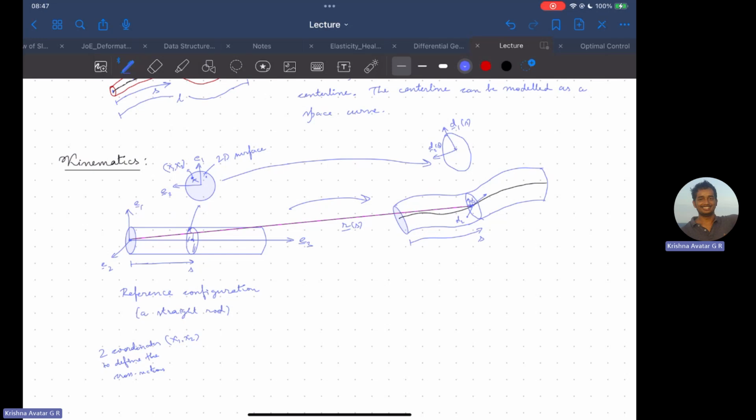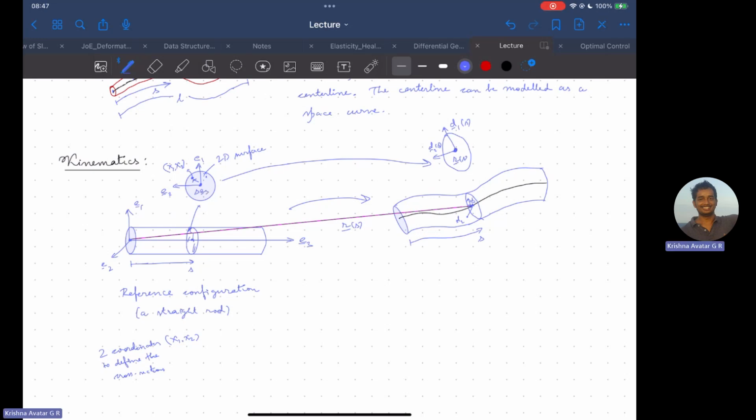And we'll define the d3 axis later, right? And this point happens to be R of S, the origin of this. So the origin here was S E3.